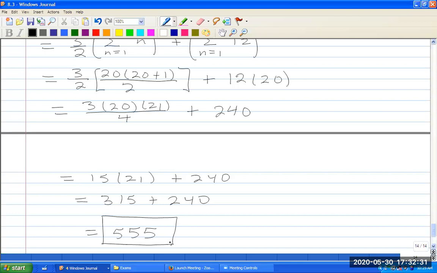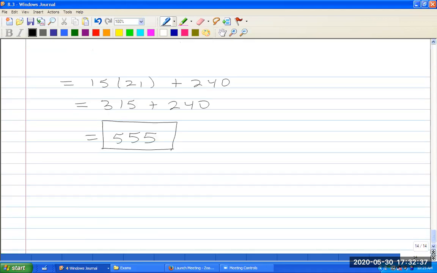So if you add up all these numbers, you get 555. And that's it.